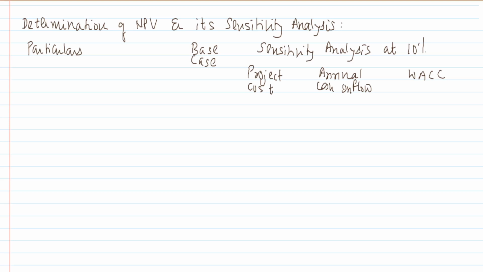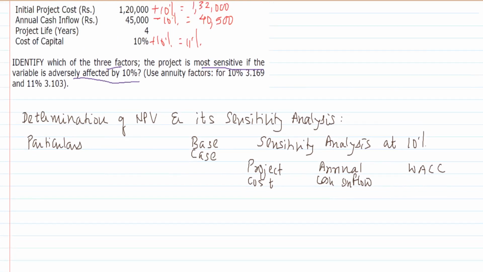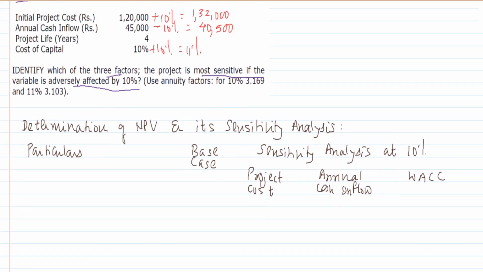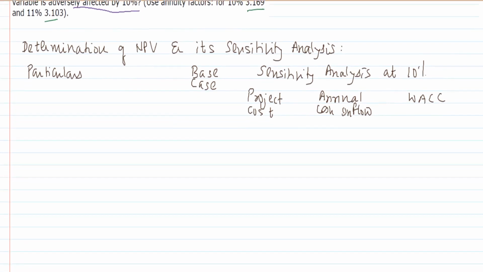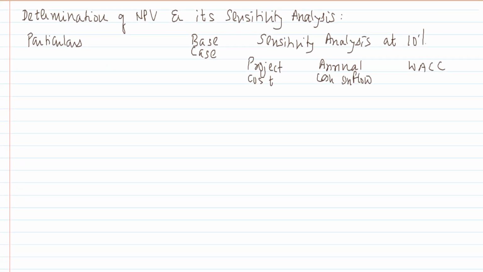We will work out the basic NPV and we will also carry out its sensitivity analysis. If we check back the question, the annual cash flow is 45,000 and they have already given us the present value factors 3.169 and 3.103. So all these figures can be used by us. We will prepare a basic format for this.